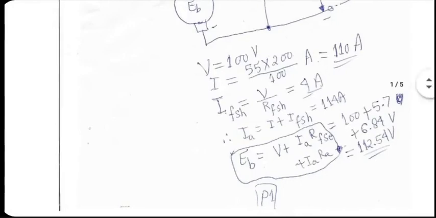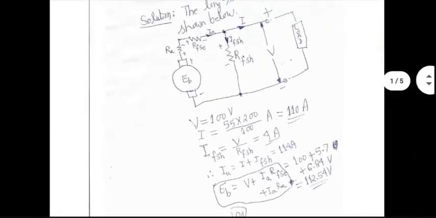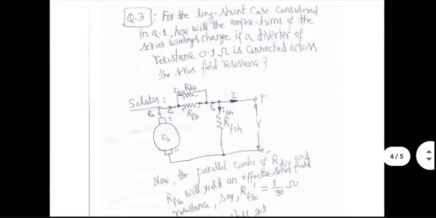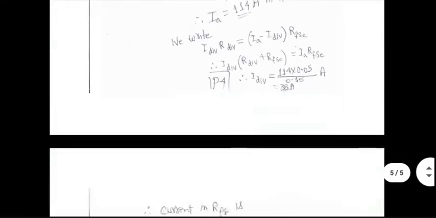So the current in the series portion of the field winding in question 1 was 114 amperes. In question 3, it has gone down to 76 amperes because of the diverter.